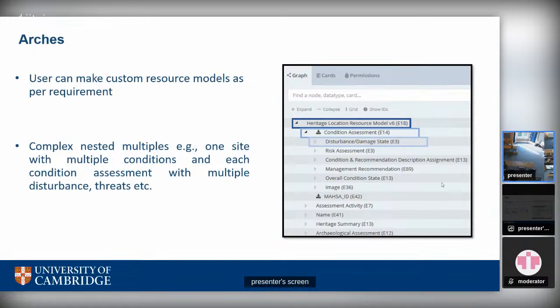For example, one heritage site can have multiple condition assessments associated with it, done at different points in time. And then each condition assessment can have more than one disturbance or risk or threat associated with it. So if you start going into deeper levels of nesting, the data import becomes quite difficult.